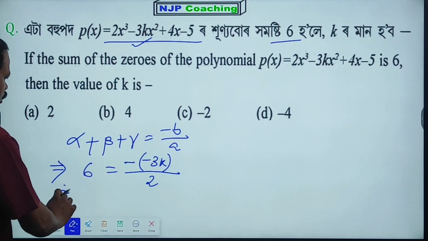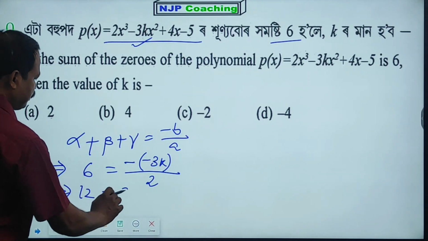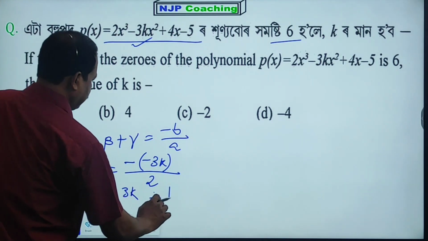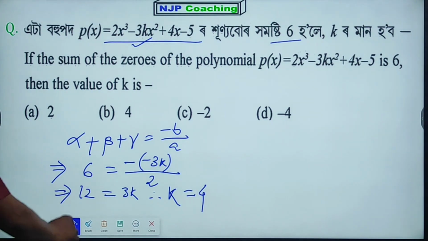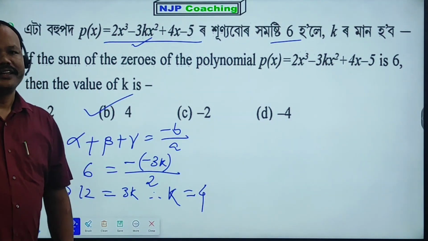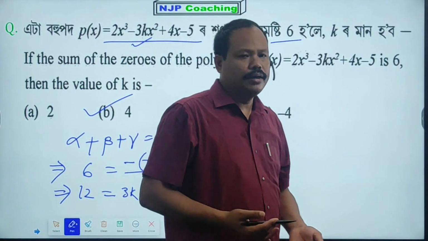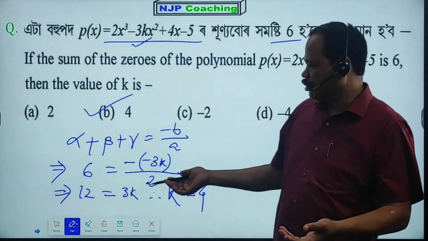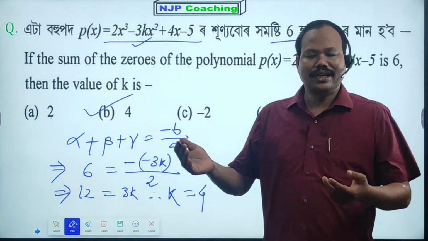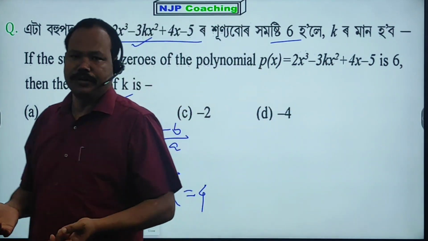So if we cross multiply, 12 equals 3k, therefore k equals 4. So this is the right answer. Very simple, you just have to remember those points, that means the sum of the zeros and product of the zeros of a quadratic polynomial and of a cubic polynomial.